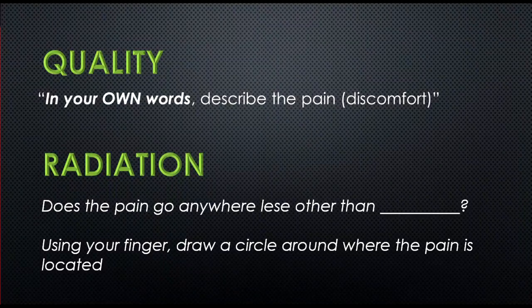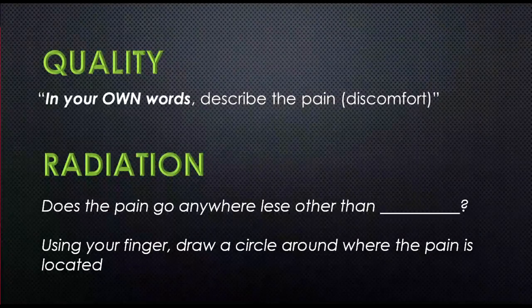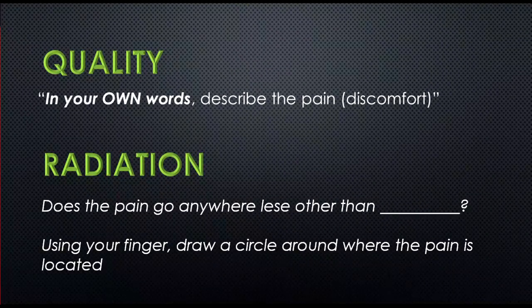And then I always follow it up with, using your finger, draw a circle around where your pain is located. And sometimes what you find out is they're like, well, it's in my chest, but it kind of goes up my neck here. And that changes things. So I want to know that full quality. So by asking both of those, I feel like I get better information that I wouldn't get before.